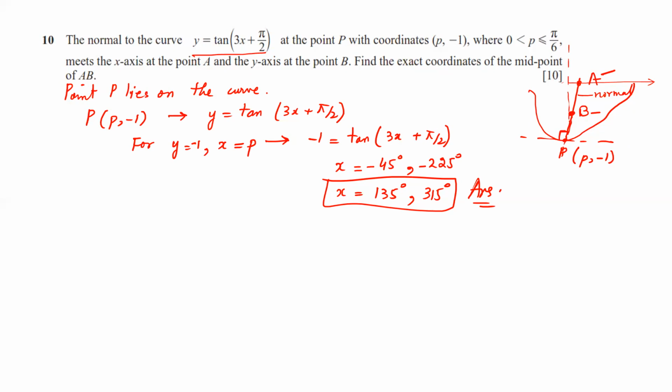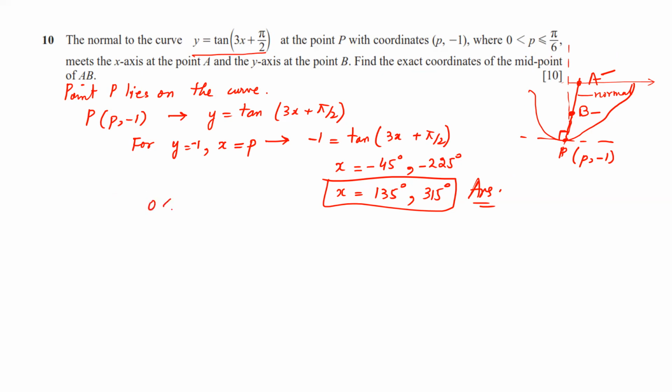Okay, so my point B will be this. And since this point A, okay, so again, P, remember, so X is equal to P, and this is the value given.